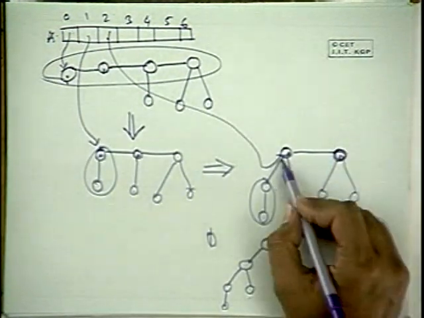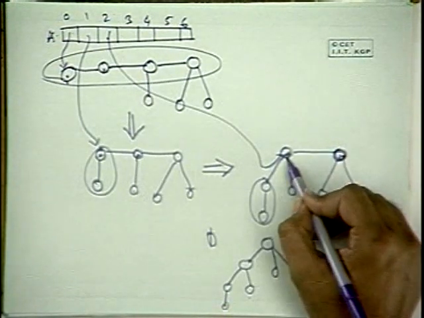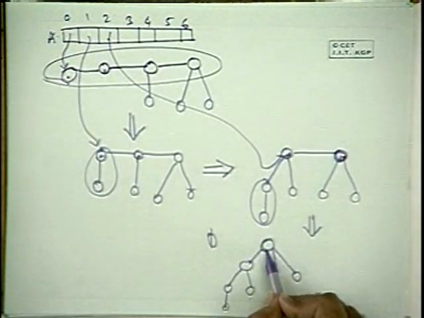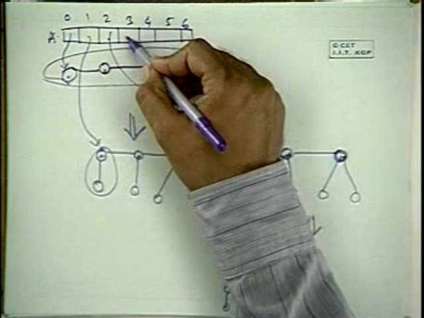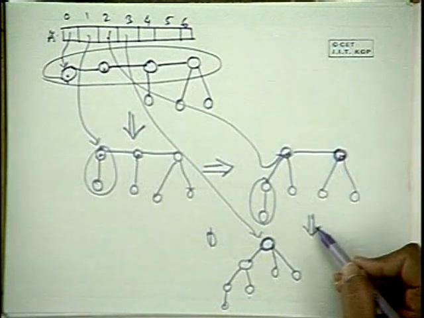I am assuming that this has a higher value than this one, otherwise this will be just a child of this one, the way we have just assumed. So now this has degree 3. Now A3 will point here, and we have nothing more to scan in this case.